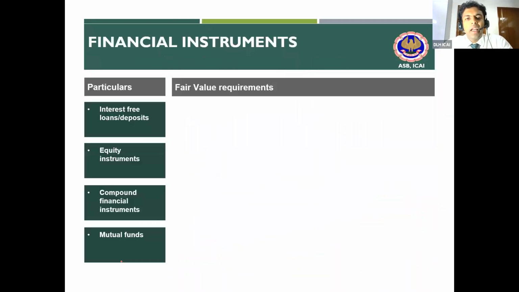Now let's understand other standards where fair valuation is actually required. Interest-free security deposit: if I talk about financial instruments, that is Ind AS 109 and Ind AS 32. As per those standards, all financial assets and liabilities need to be fair valued. So interest-free loans and deposits need to be fair valued as per Ind AS 109.